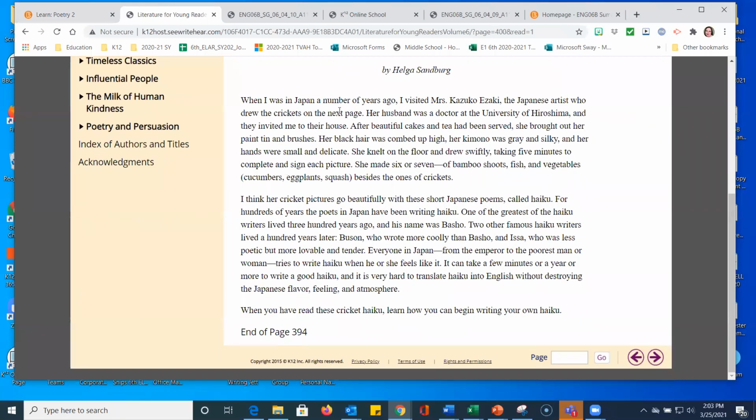When I was in Japan a number of years ago, I visited Mrs. Kazuko Azaki, the Japanese artist who drew the crickets on the next page. Her husband was a doctor at the University of Hiroshima, and they invited me to their house. After beautiful cakes and tea had been served, she brought out her paint tin and brushes. Her black hair was combed up high, her kimono was gray and silky, and her hands were small and delicate.